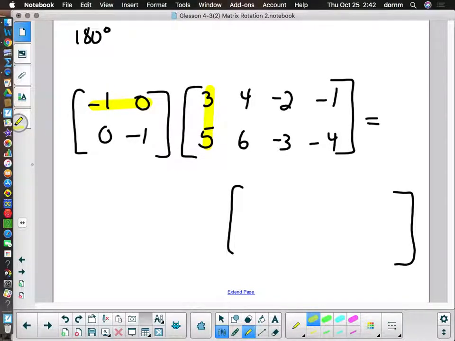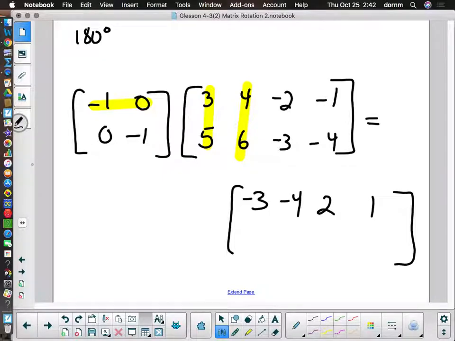That's going to be -3 plus 0 is -3. Row 1 times column 2. -1 times 4 is -4 plus 0 is -4. Are you noticing a pattern here? What are we doing to our x-coordinates? We're just changing the sign, aren't we? If I do column 3, -1 times -2 is 2. -1 times -1 is 1. How about that? We find a pattern sometimes when we're doing this.